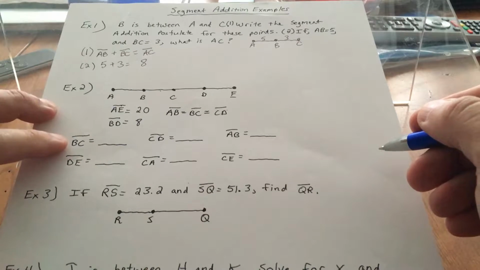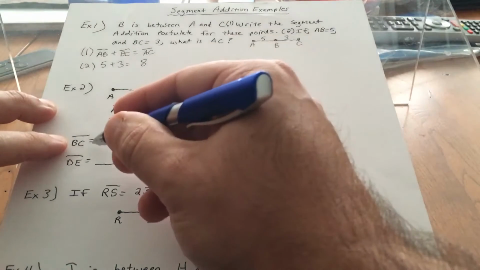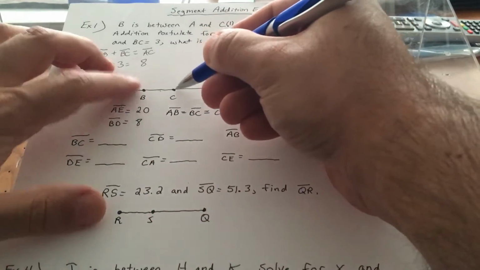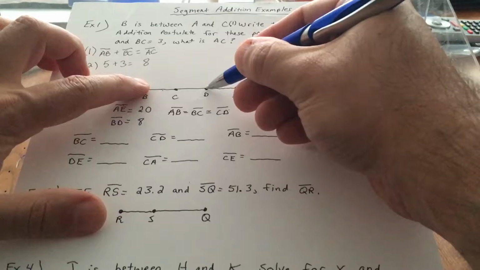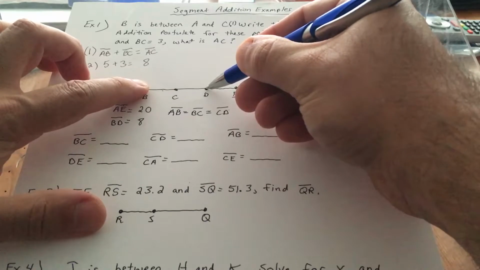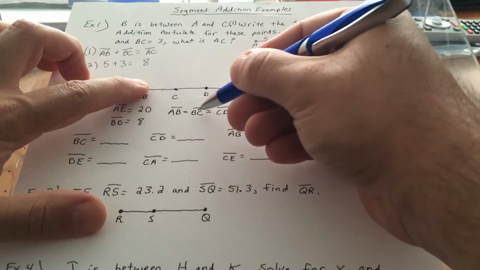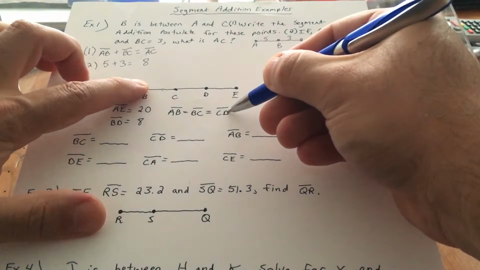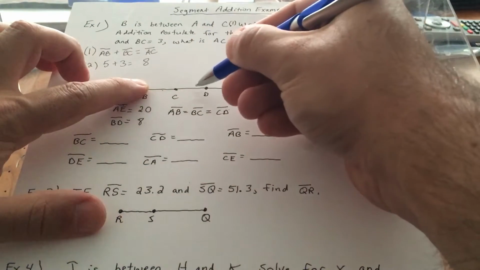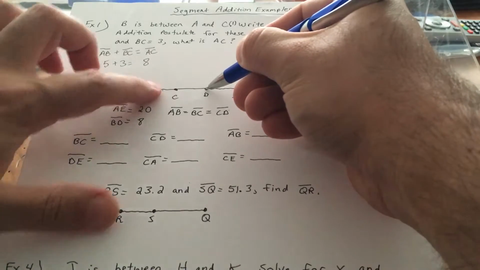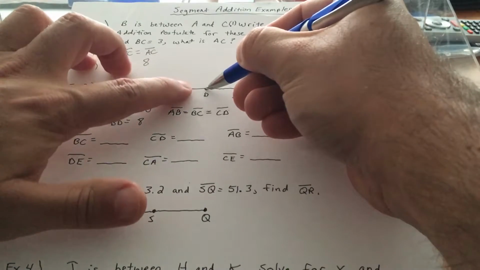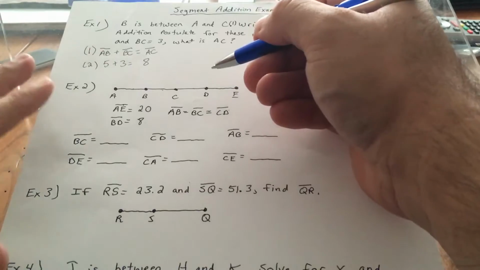So looking at segment BC, this is where I would start. BC is this segment. But notice BD, this whole thing, is 8, right? And they say that BC and CD are equal. So this segment and this segment are equal. If the whole length is 8, in order to make them equal, you take 8 divided by 2, and that will give you the length of each segment.